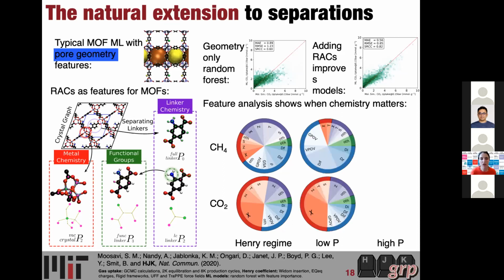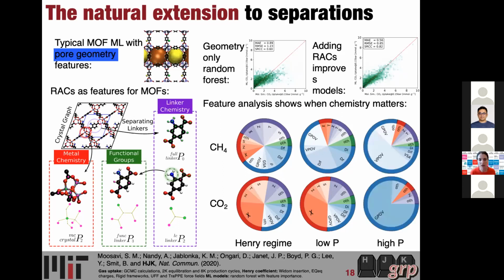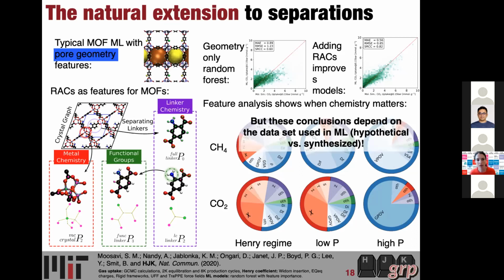And that as we increase the pressure at which we're trying to understand gas separation characteristics, of why a MOF might prefer methane versus CO2, the dependence on the chemistry actually goes away. And this was all really intuitive and a great way for us to understand how MOFs behave.